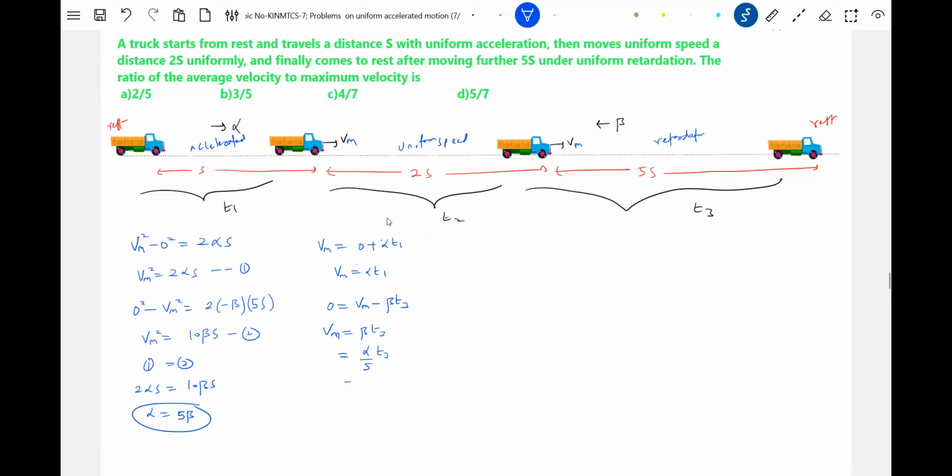Equating these two, we get the relation between T1 and T3: alpha T1 equals alpha by 5 times T3, so T3 equals 5 T1.